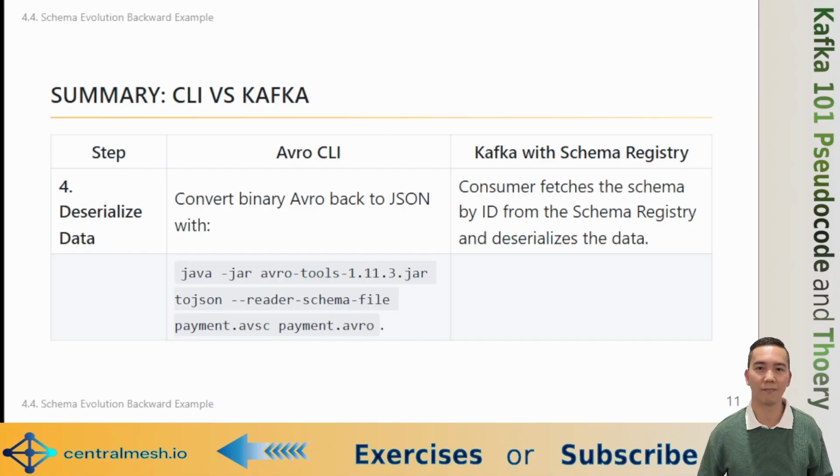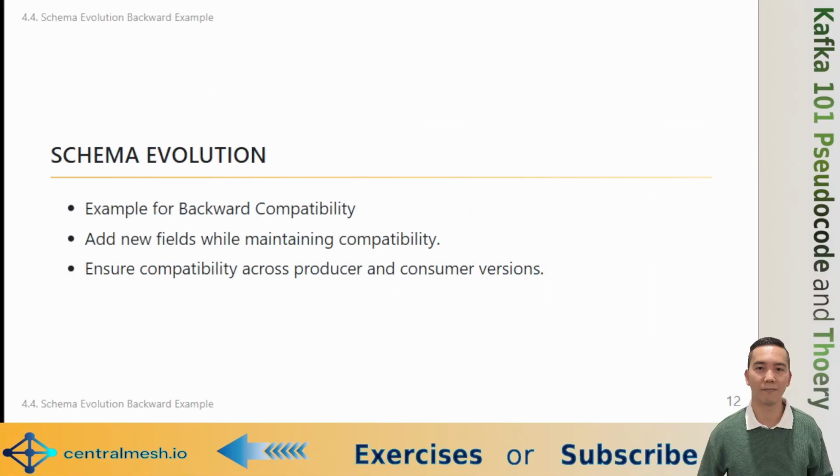For the CLI, we use the Avro CLI to convert the binary Avro file back to JSON. For Kafka, the consumer retrieves the schema ID from the message, fetches the corresponding schema from the schema registry, and deserializes the data seamlessly.